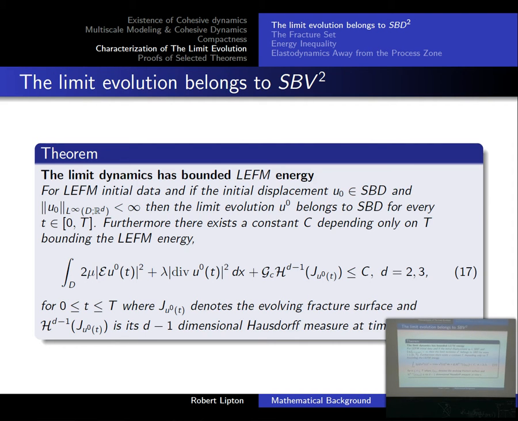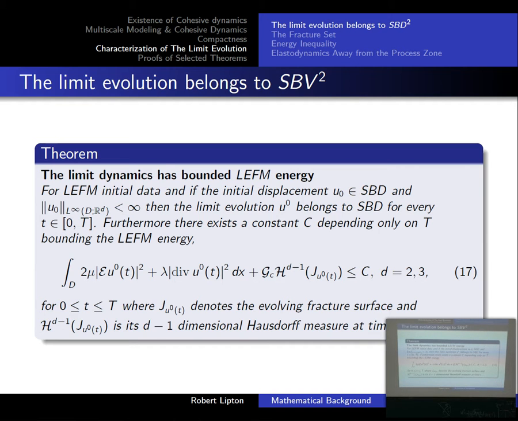So we have the following. The limit dynamics has bounded linear elastic fracture mechanics energy. And we do assume, this is our assumption, that our initial datum is in L infinity.